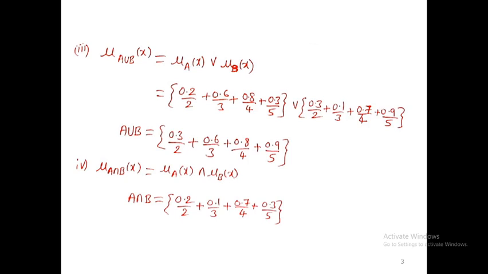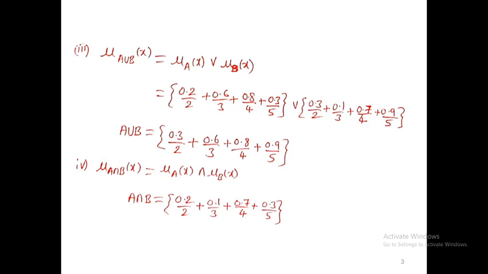Next one is mu A intersection B of x, which is nothing but mu A of x and mu B of x. Here in the intersection, the least value is represented. The least value is nothing but the intersecting portion.